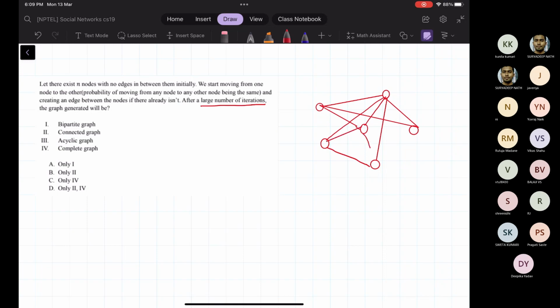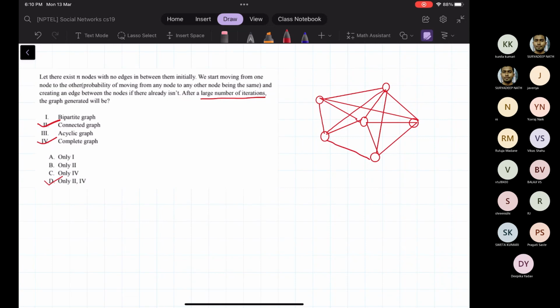So there will always exist an edge from every node to every other node, which makes it a complete graph. And since it is complete, it will also be a connected graph. So it would be a fully connected graph, and the correct answer is options 2 and 4. So it's connected and complete as well. Are there any questions so far?